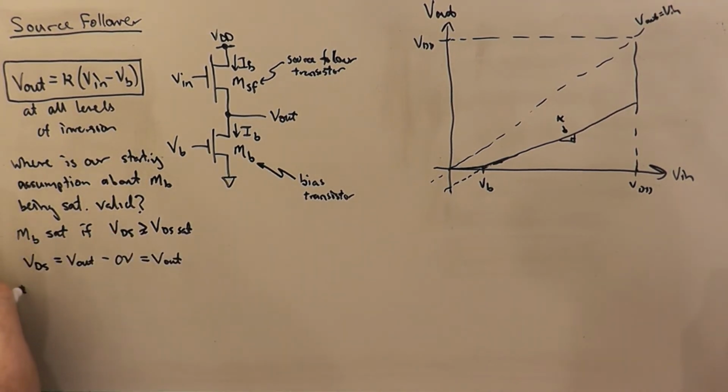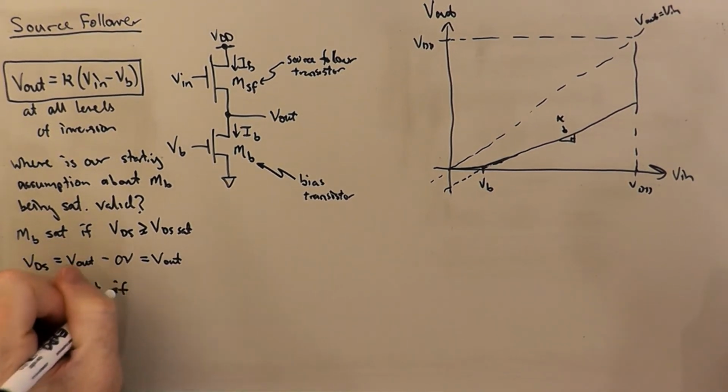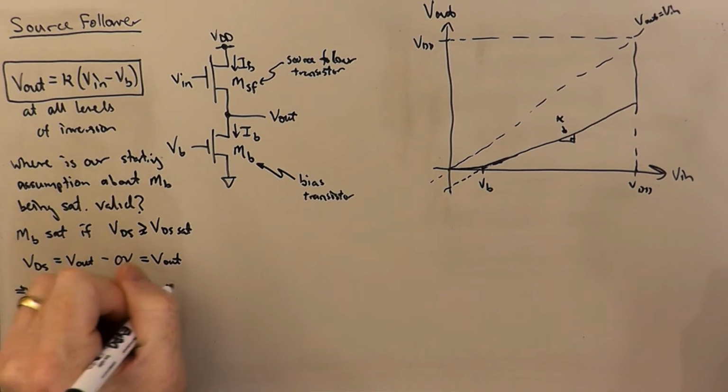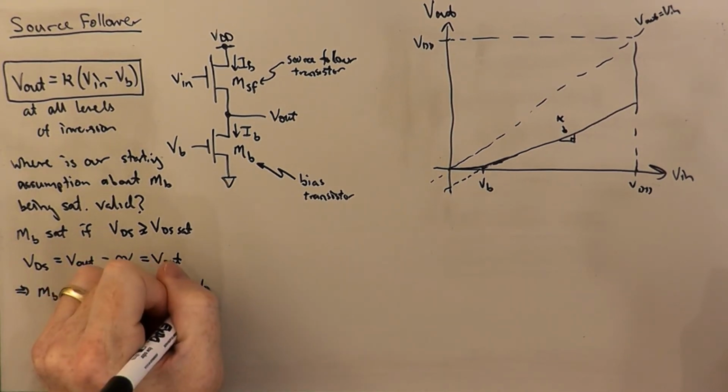So that means that MB is saturated if Vout is greater than or equal to VDS sat.